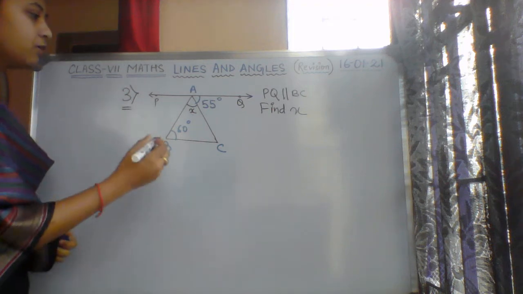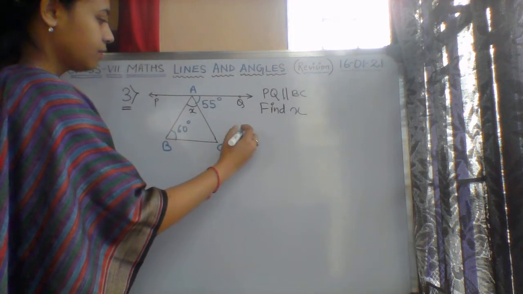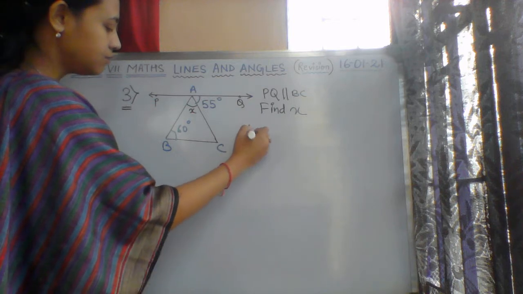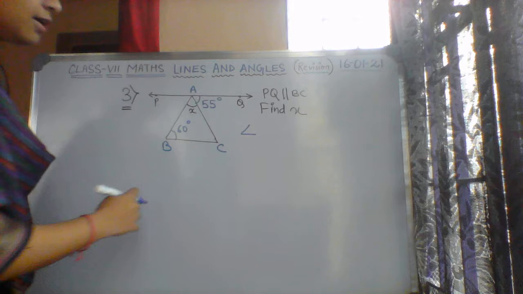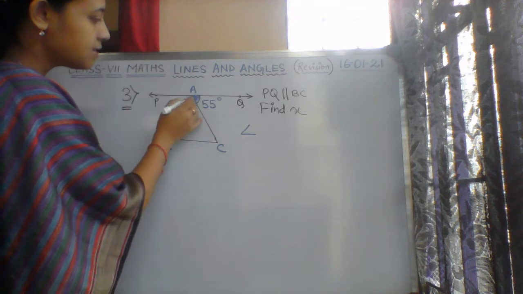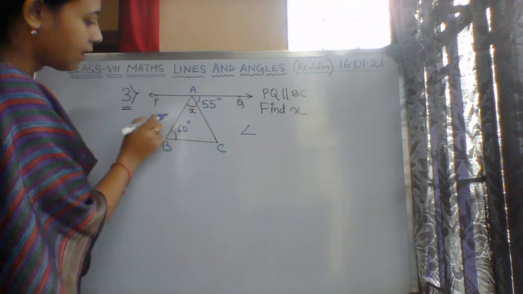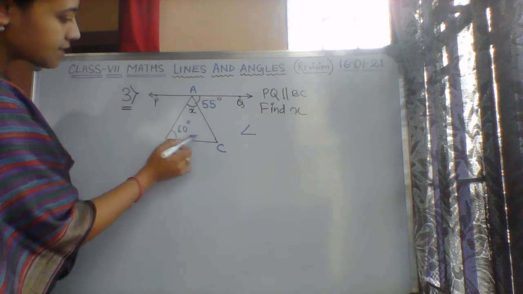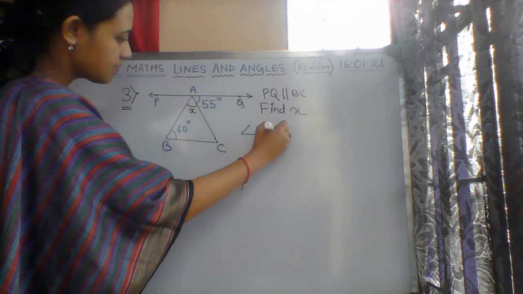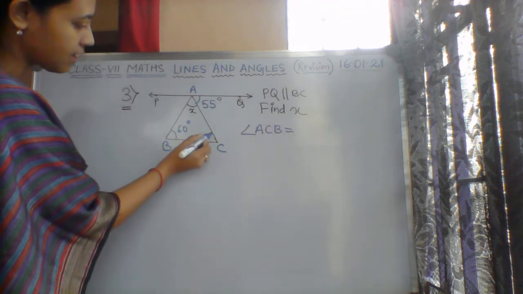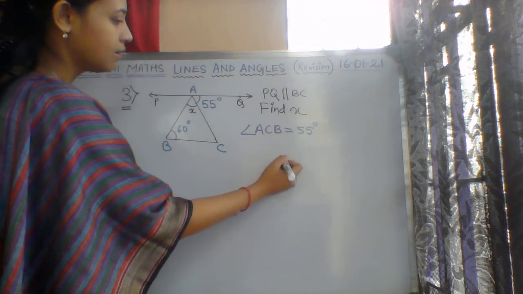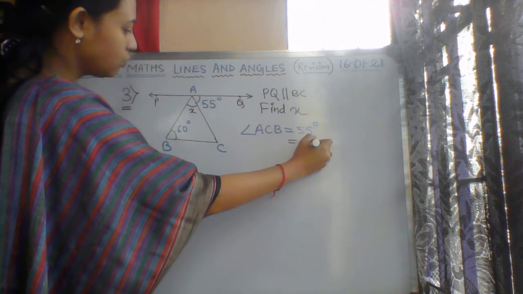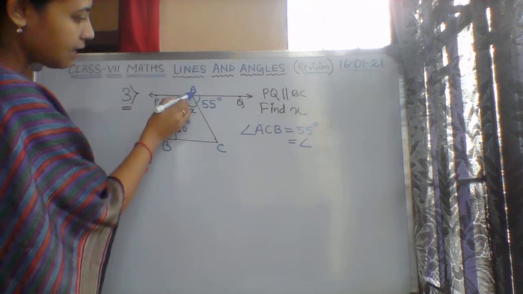First of all we will write the solution. I am doing the first process. Angle ACB equals 55 degree. Why? Because it is equal to angle CAQ.